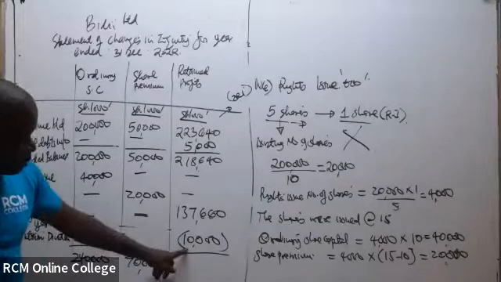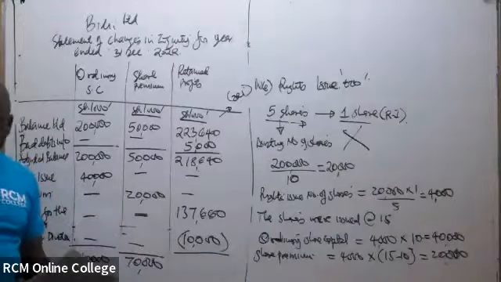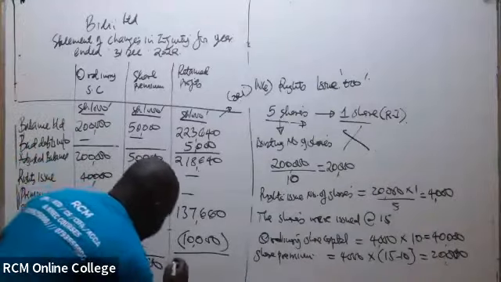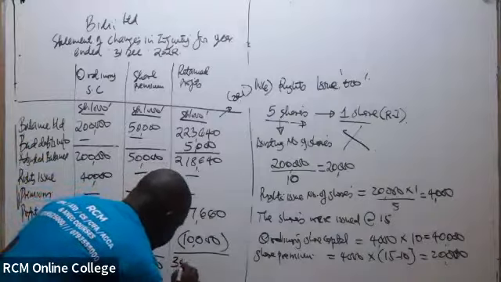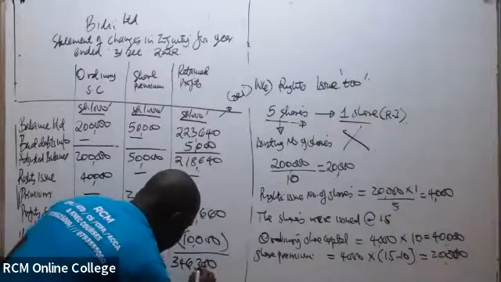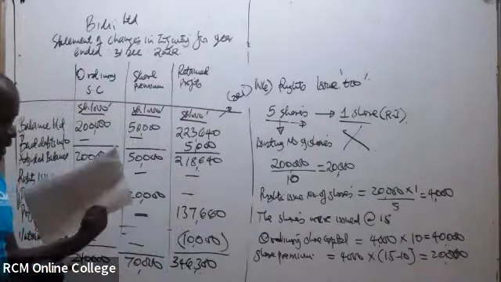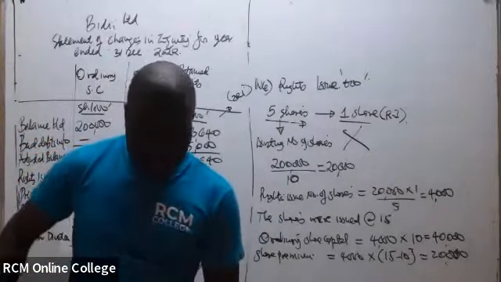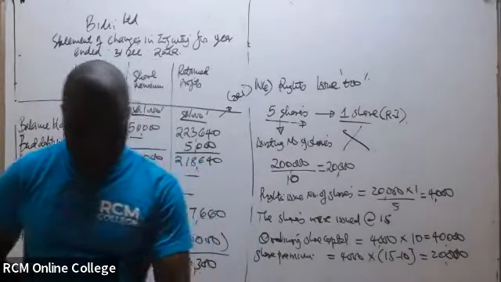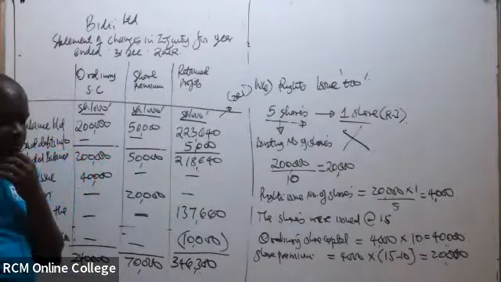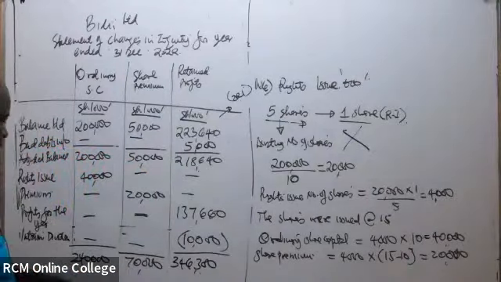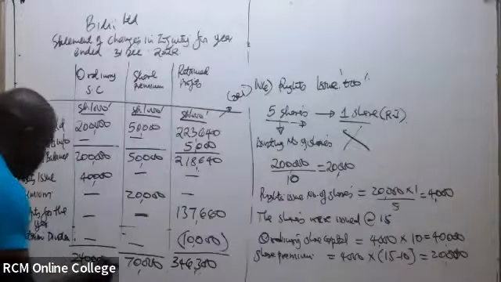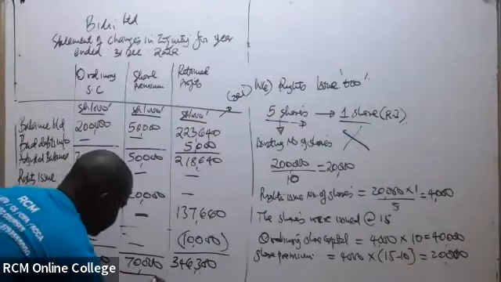If you minus the 10 also, 346,300. I think it will be like that. So that's why you'll end up coming up with your statement of changes in equity.